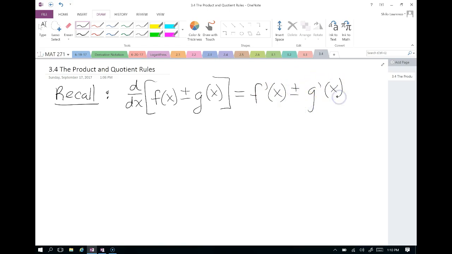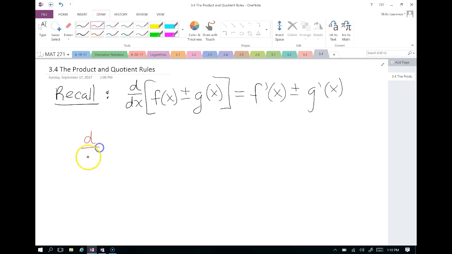This is only true for addition and subtraction. It is not true for multiplication and division. There are completely separate rules for how to handle multiplication and division, and that's what we're going to talk about in this section, the product and quotient rules.